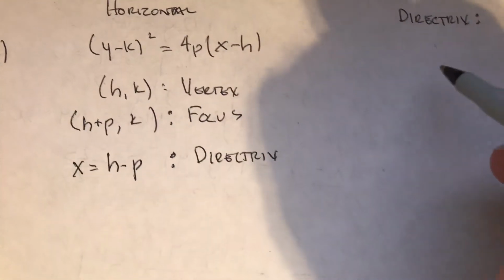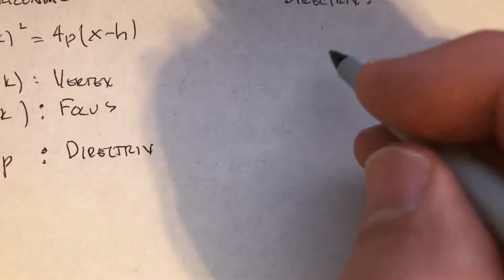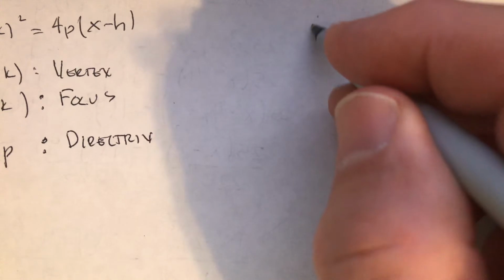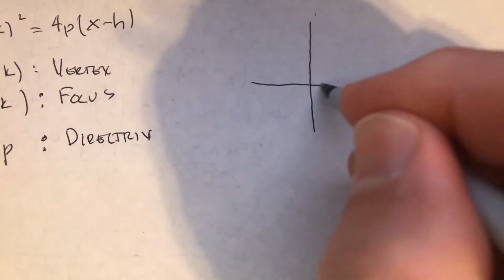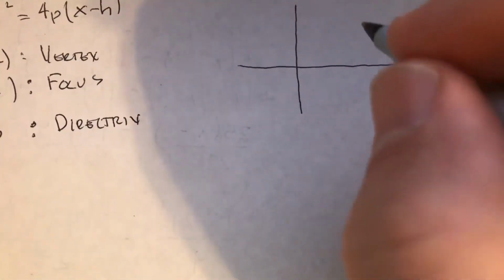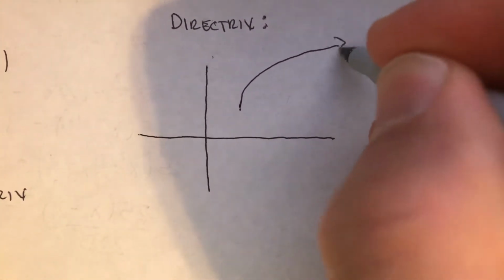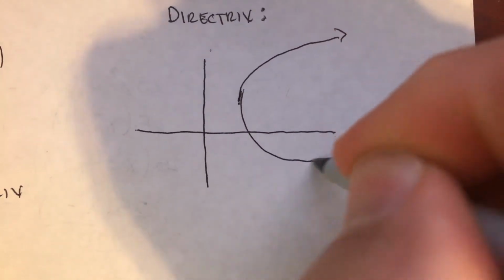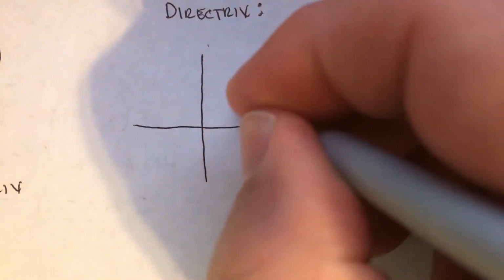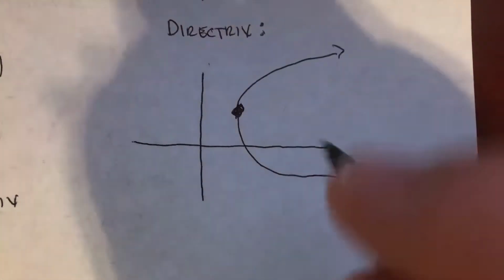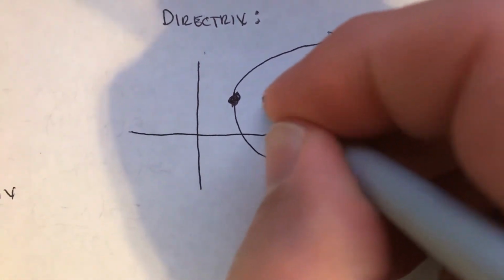Now, in a parabola, I'm going to draw an example of a parabola here on the coordinate plane. And I'm going to draw an example of a horizontal one that opens to the right. This will be my vertex. My focus would be here.